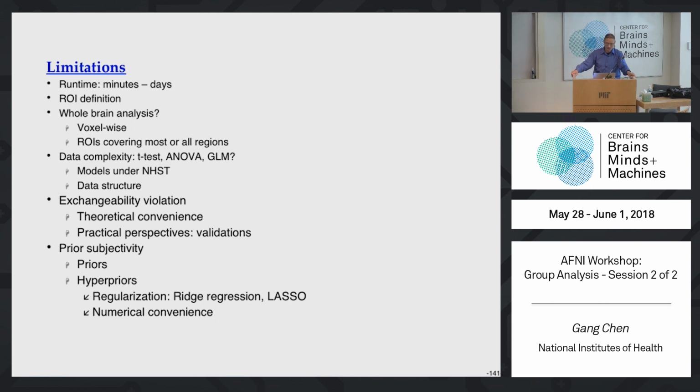There are a few other limitations. The first one is that we have to define those RIs. That can be done based on previous studies, based on meta-analysis, or based on an atlas. Nowadays, there are many atlases available, so you can use them to define RIs. If you don't have those sources, what can you do?